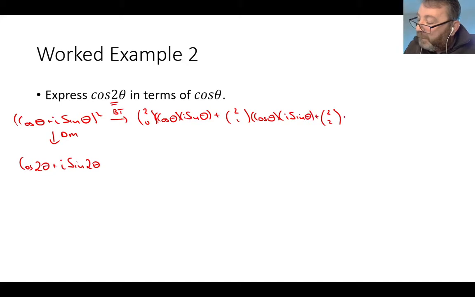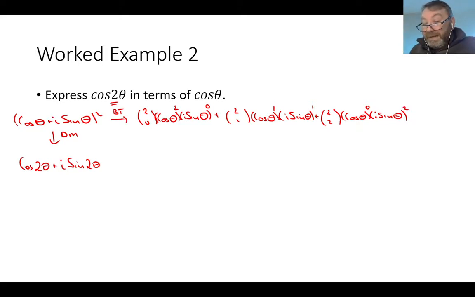And the same thing here, cos theta, i sine theta. And then we just have to distribute the powers over the cos and sine, starting with the first cos, which gets 2, 1, and 0, and the sine terms get 0, 1, and 2.